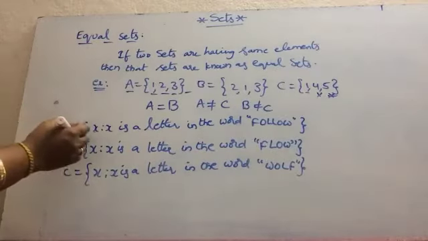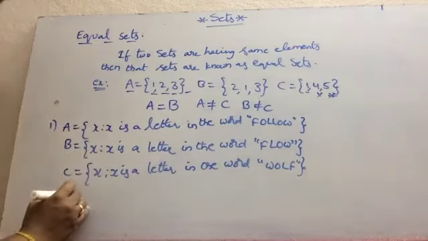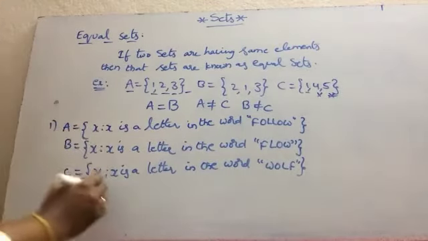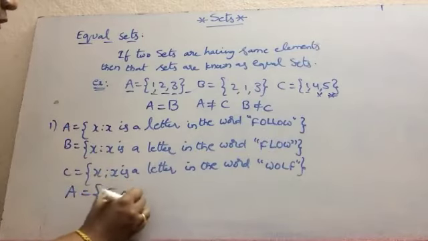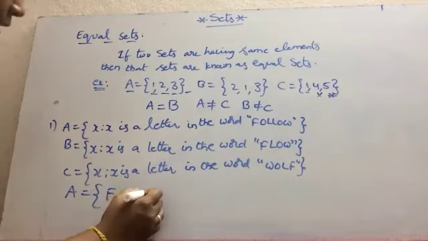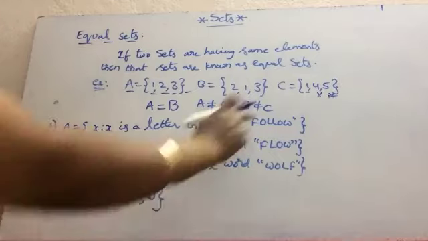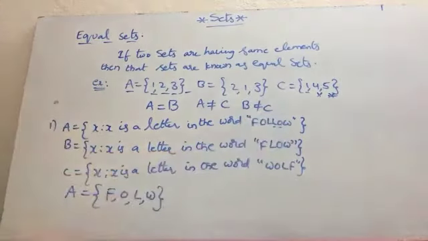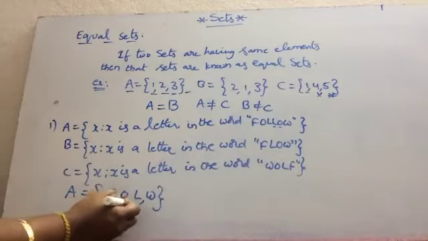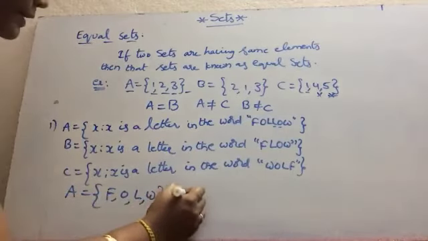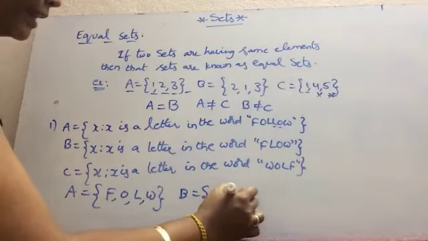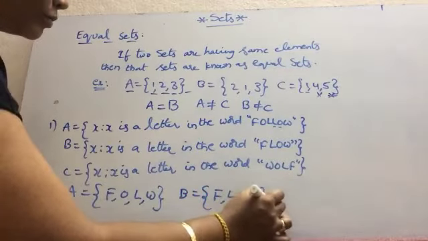I will write for the first set, A equal to {F, O, L, W}. I am not writing doubles. Here L is repeated and O is repeated, that's why I am not writing them again. So {F, O, L, W}. And set B equal to {F, L, O, W}.